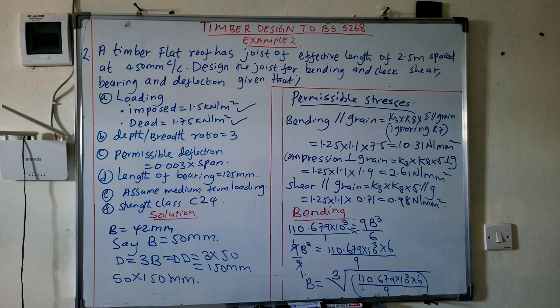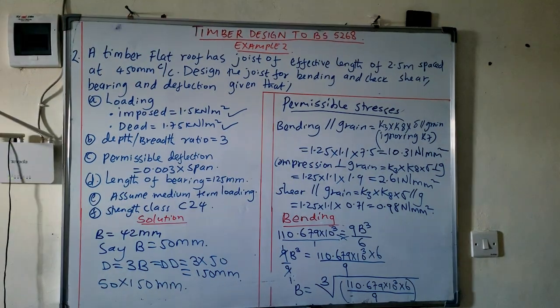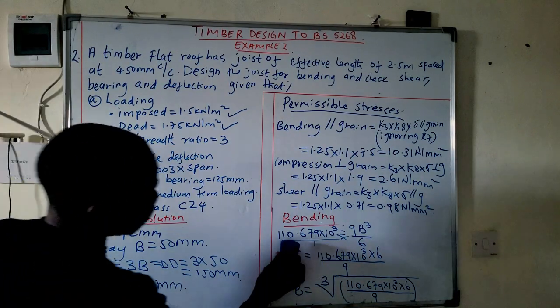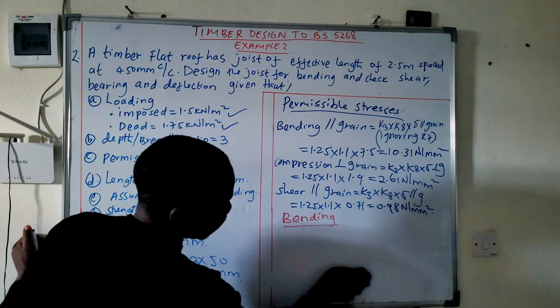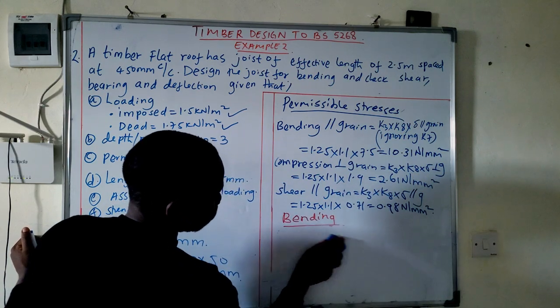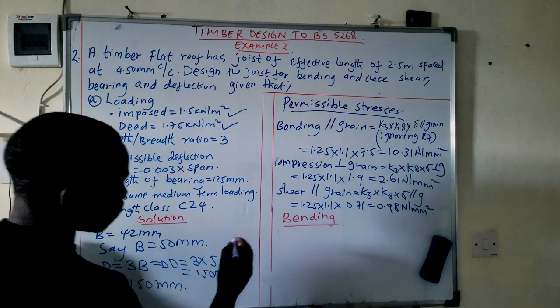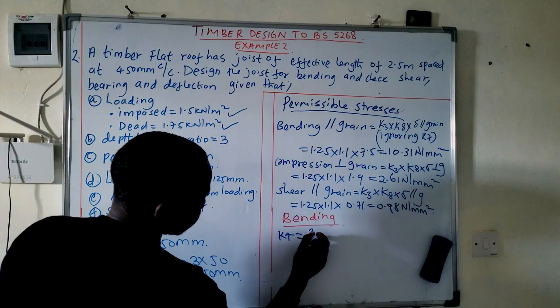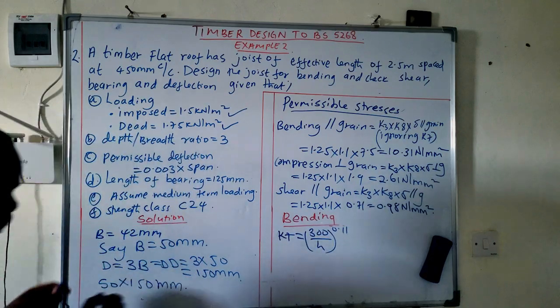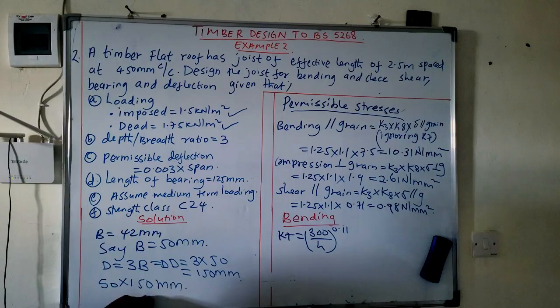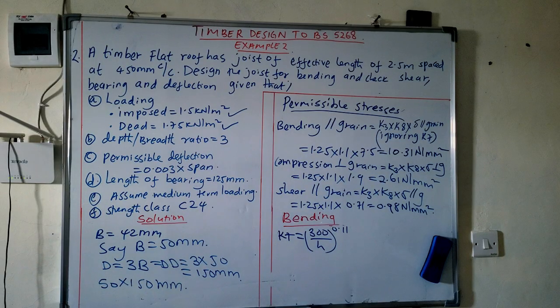So now we can calculate the value of K7, because we have our D. K7 is equal to 300 over H raised to power 0.11, because our depth is above 75 millimeters and below 300 millimeters.